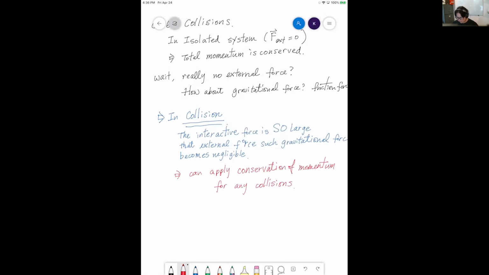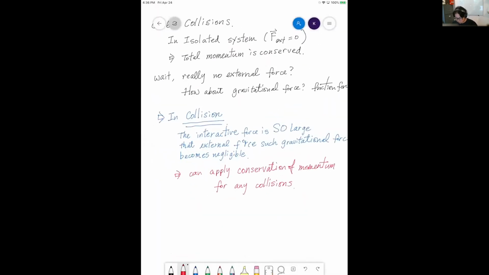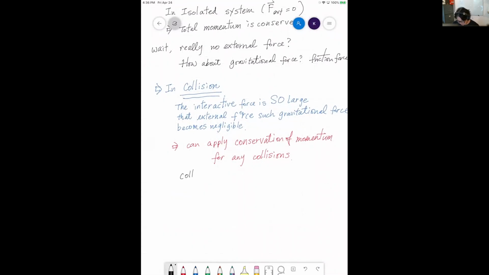So for collisions, you say total momentum before the collision is equal to total momentum after collision.